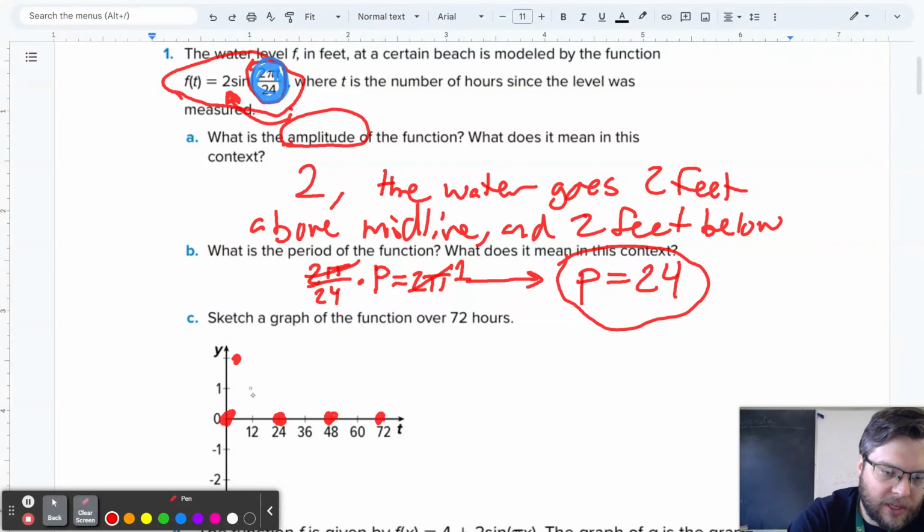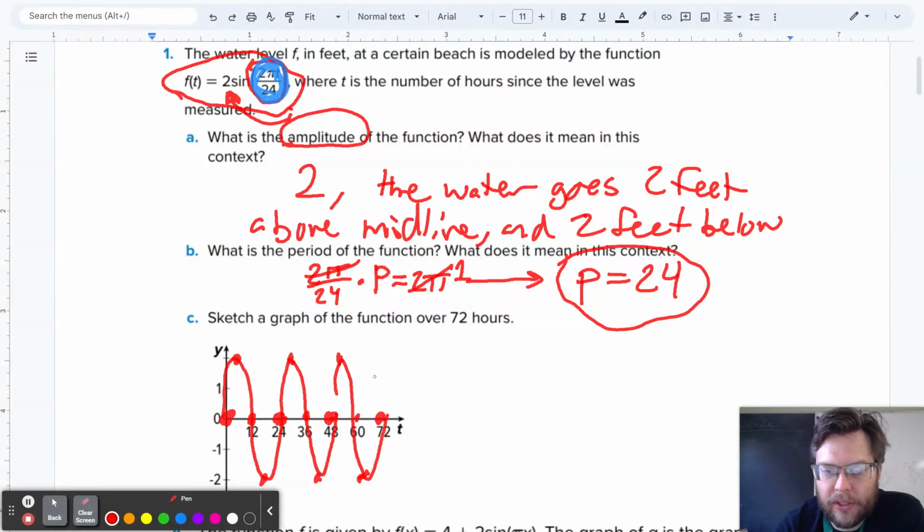So it's going to go to the top, to the middle, and then it's going to go to the bottom, to the middle, like this. So we're going to repeat that pattern, which is just there. So this is a pretty good graph of what it looks like over 72 hours.